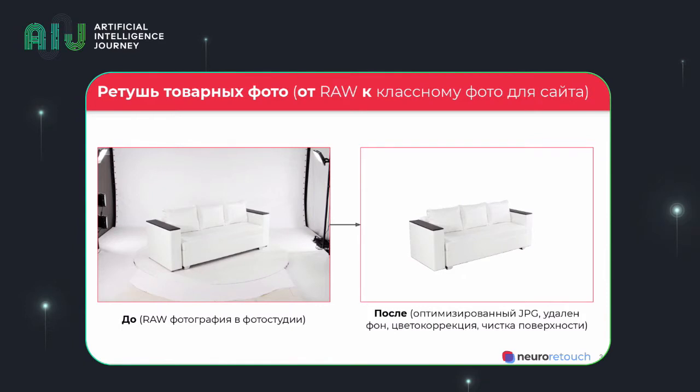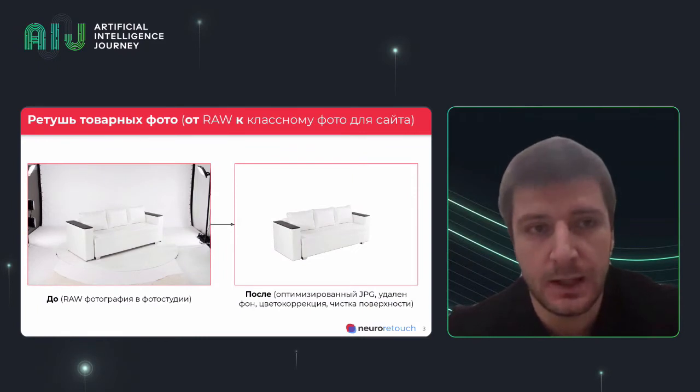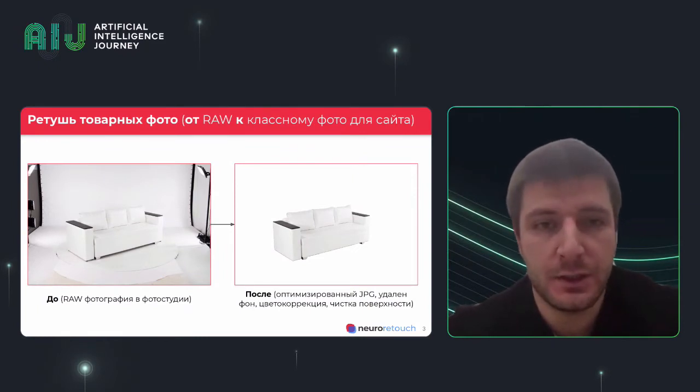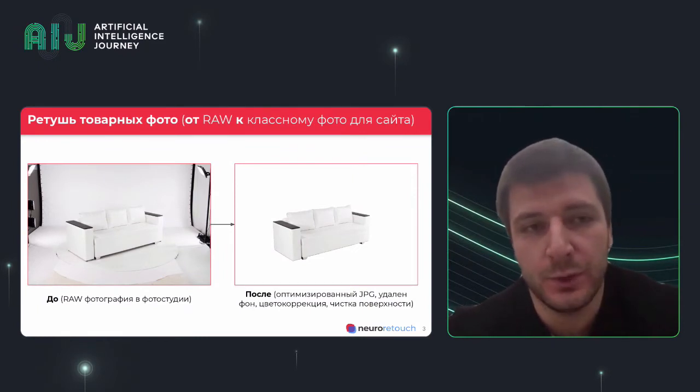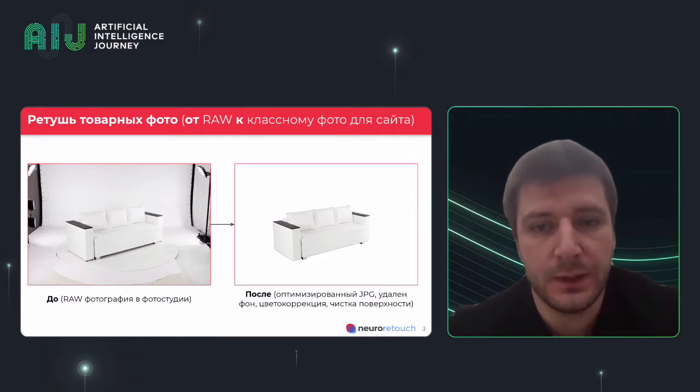So, you see a lot of equipment here, which is used to make a wonderful photograph which complies with all the standards for product images in retail. So it has to have a proper resolution, it has to be optimized, it has to be color adjusted. Currently, this is done manually.